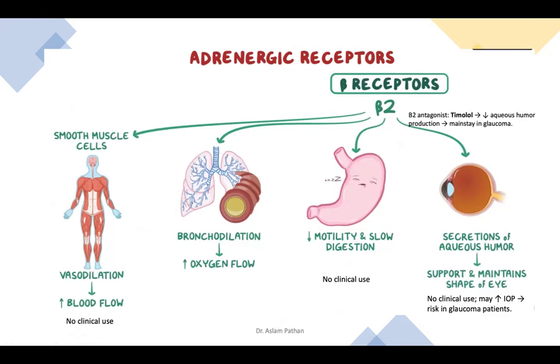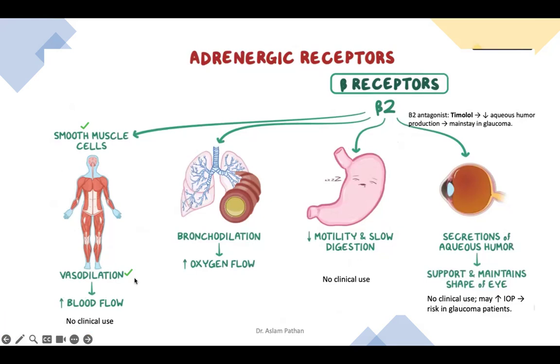If you see adrenergic beta receptors, beta 2 receptor is also available in the skeletal smooth muscle cell, and activation of beta 2 receptor in the skeletal smooth muscle leads to vasodilation. And if there is a vasodilation, it means we can say decrease in the blood pressure.